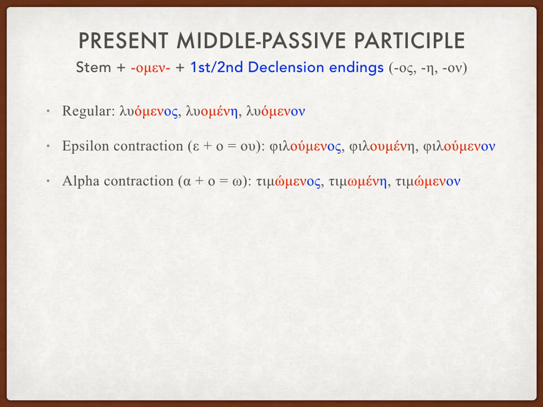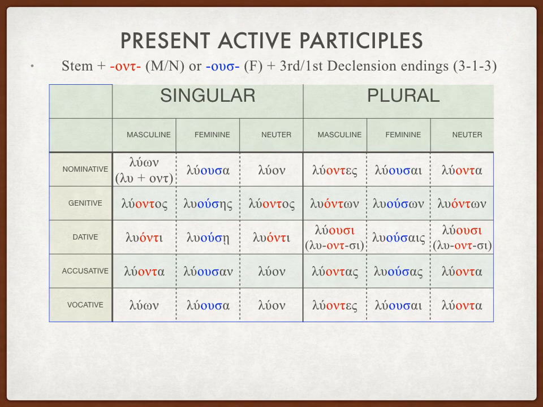In epsilon contraction, as you guys saw, philumenos, philumene, philumenon, because I'm just contracting that omen with epsilon at the end of phila. And finally, alpha contraction, timomenos, timomene, timomenon, with alpha and omicron contracting into omega. That's plain and simple how you handle middle passive participles in Greek, and they're very easy to recognize.